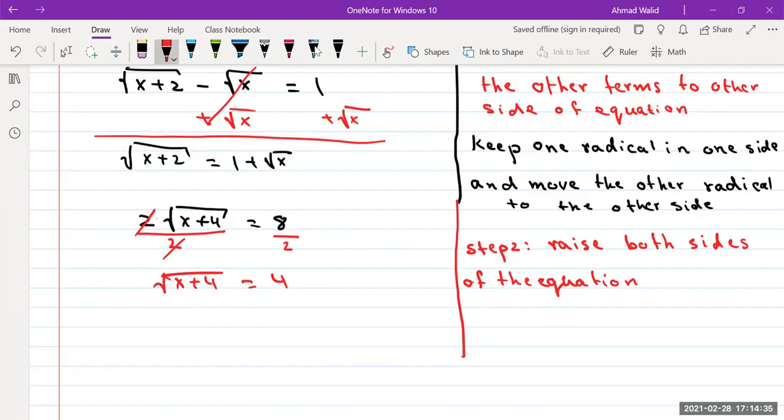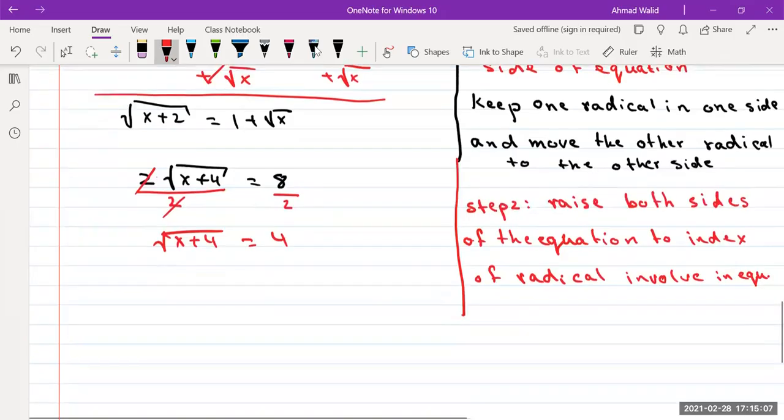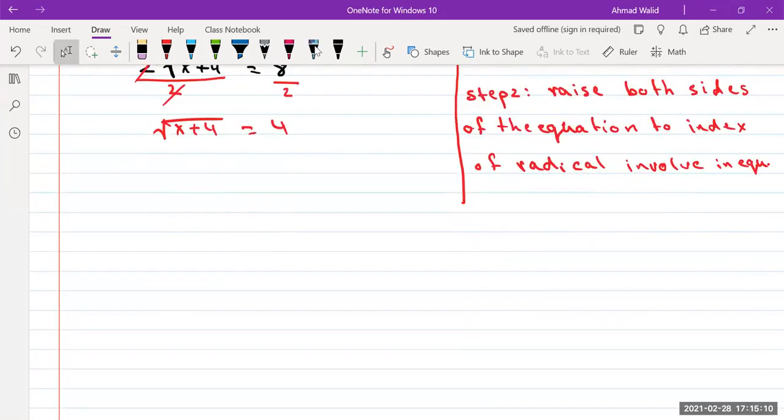Let's bring a simple kind of word here, to the index. Let's say to the index of the radical involved in an equation. Let's see here, the last one. Raise both sides of your equation to the index.